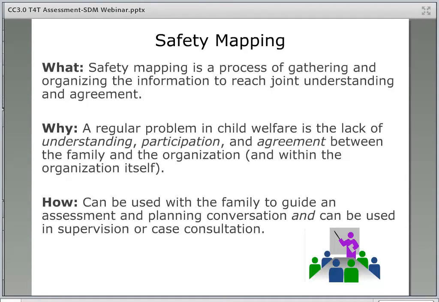Instructors can encourage social workers in the classroom to use mapping as a collaborative safety planning tool throughout the life of the case. This is helpful to use as a way to organize information, build shared understanding with families, and encourage consistent communication and documentation.